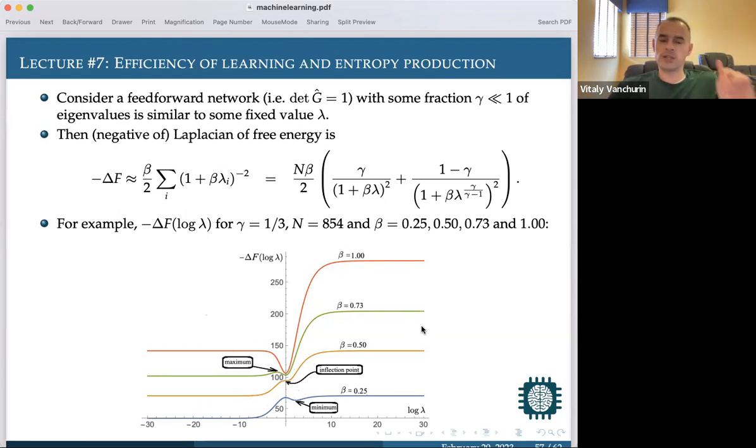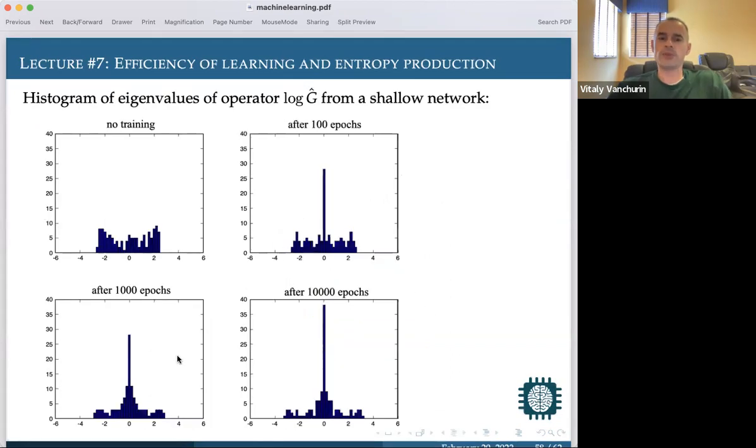And now I'll show you the results of 2 simulations. I already showed you those graphs, but now it's in the context of the efficiency of learning. One is for the shallow network, and the other one for the deep network. In both cases, you will see that some of the eigenvalues will want to run away to the left. So here is where they start, basically from -2 to +2. This is a shallow network.